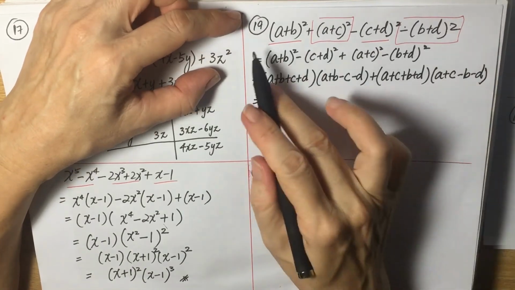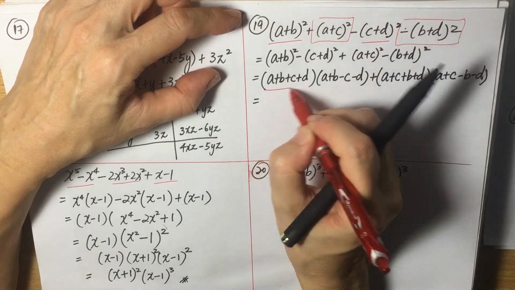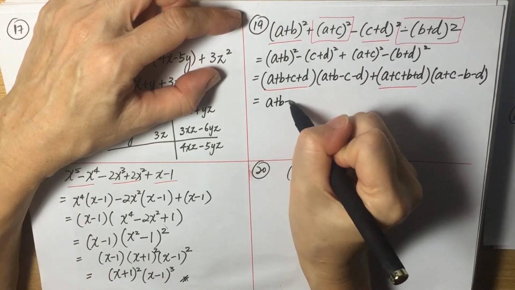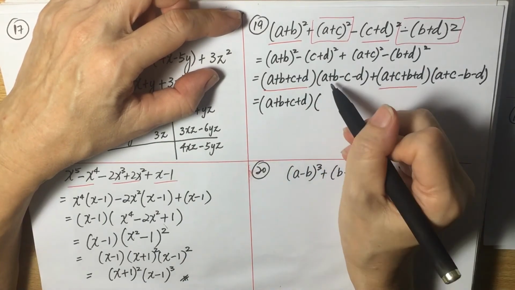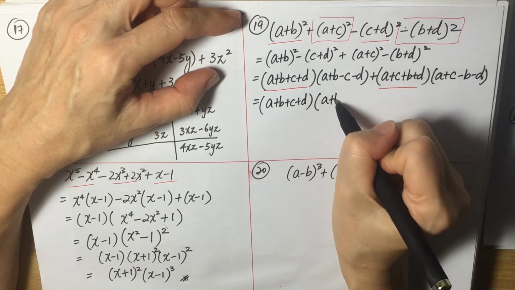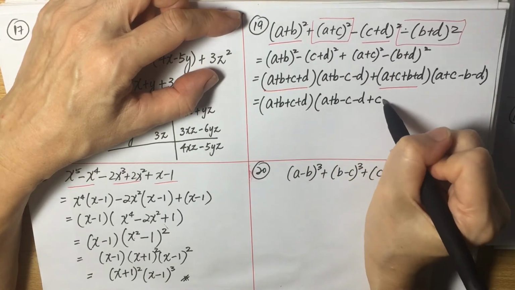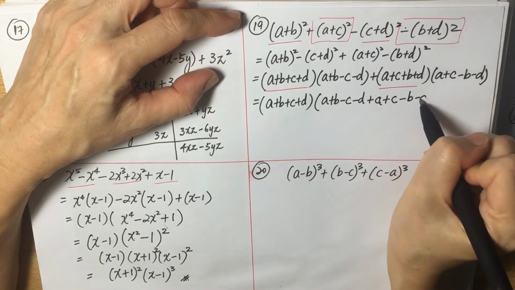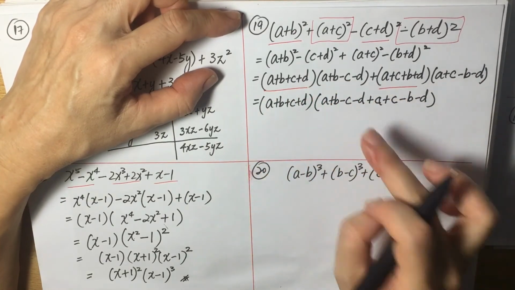Okay, so from 4 terms we go into 2 terms. So from these 2 terms, the common factor is a plus b plus c plus d. So take it out. So we're going to have (a plus b minus c minus d) plus (a plus c minus b minus d). Combine. Okay, so take out, then the rest combine.